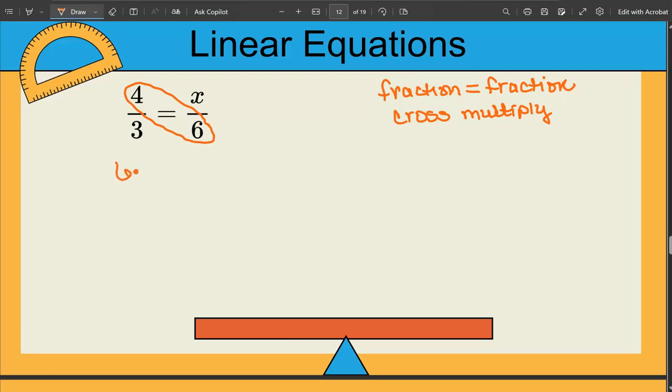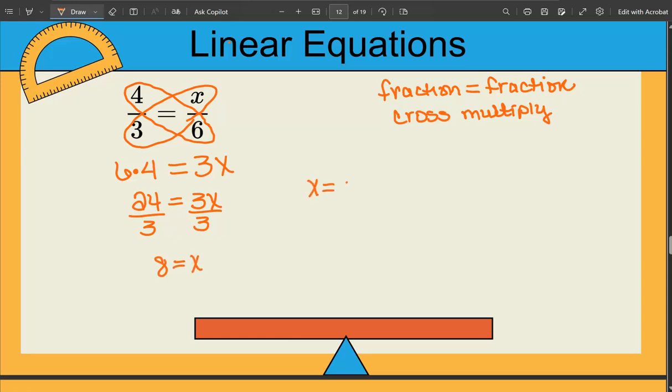And so you're going to have 6 times 4, and that's going to equal 3 times x, I'm sorry. And so we get 24 is equal to 3x. When I divide each side by 3, I get 8 is equal to x, or x is equal to 8.